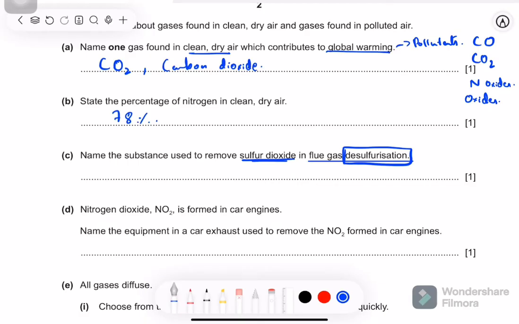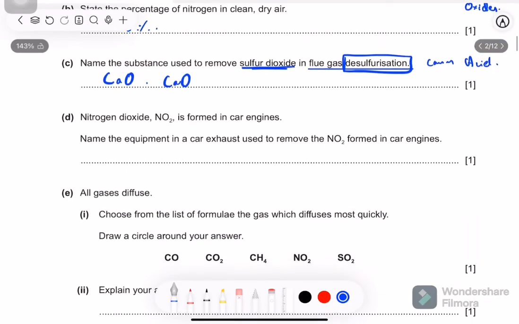Desulfur meaning to remove sulfur. Now we use what? Calcium oxide. It is a solid substance we use while burning the fossil fuels in the chimneys, so that the fumes released are pure, are desulfurized. There is no sulfur in them, because what is the harmful effect of sulfur? It causes acid rain. Same is for nitrogen.